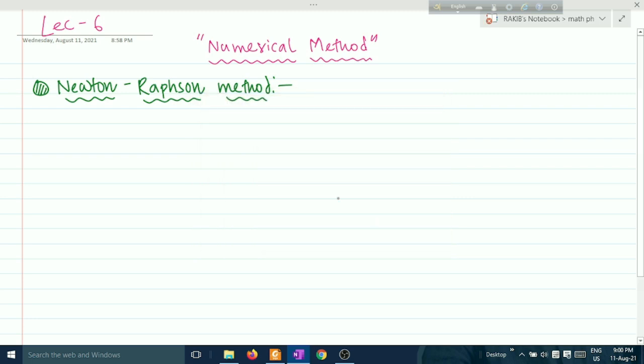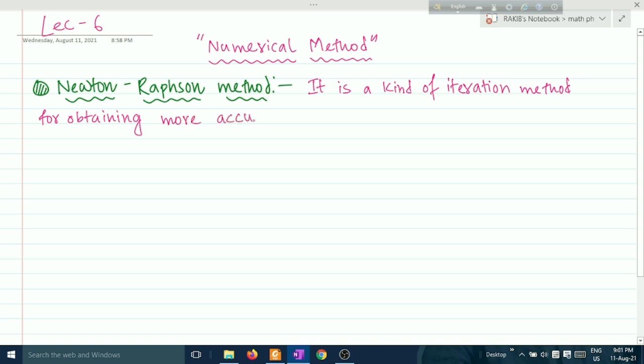Newton-Raphson method is a kind of iteration method for obtaining a more accurate value of, say, a measurement.